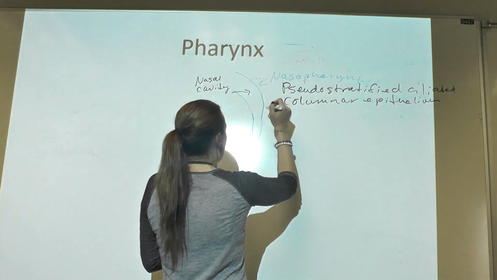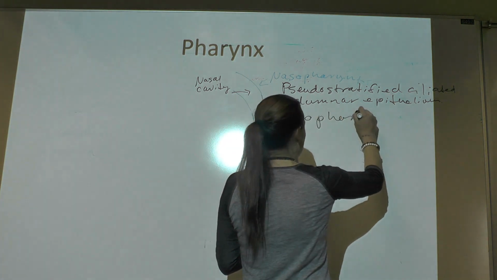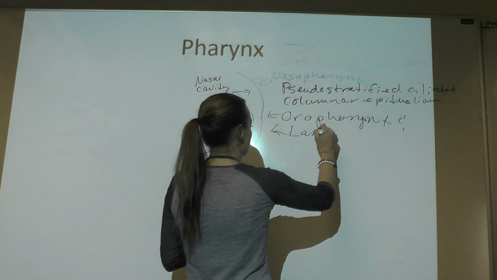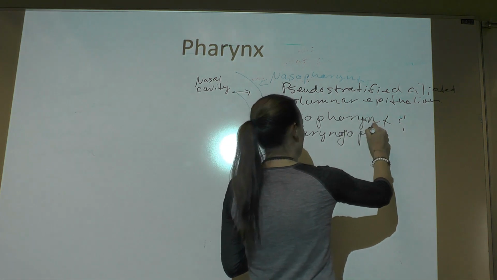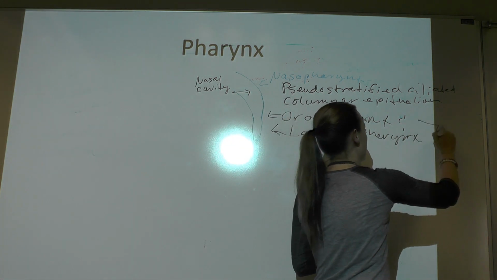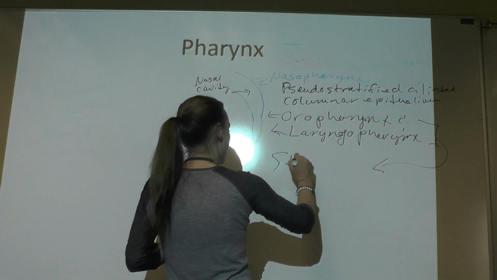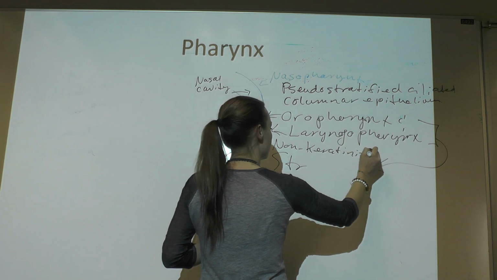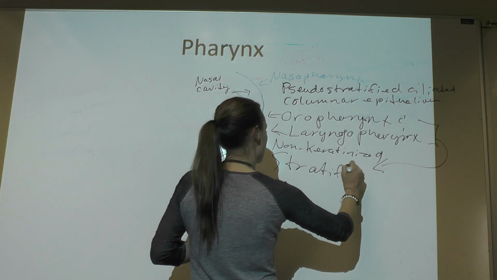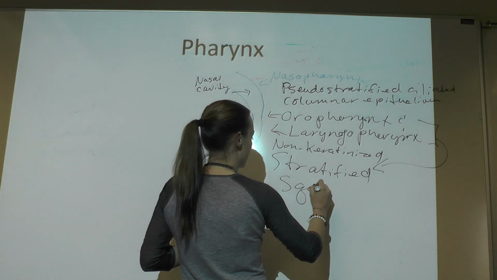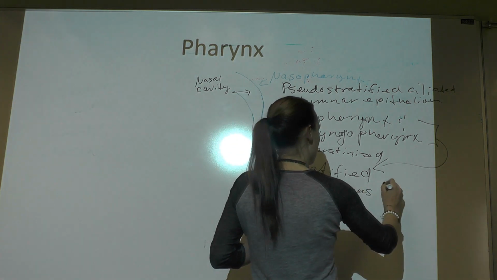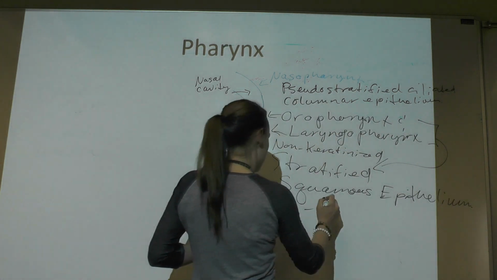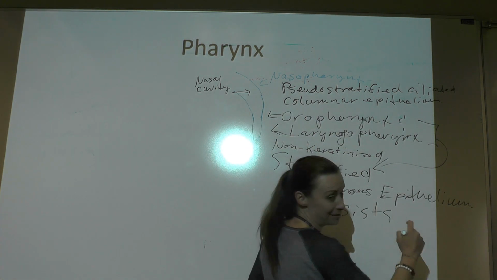So in our oropharynx and our laryngopharynx, we find stratified, non-keratinized, squamous epithelial tissue. And why do we want that there? Because it resists abrasion. That's right.